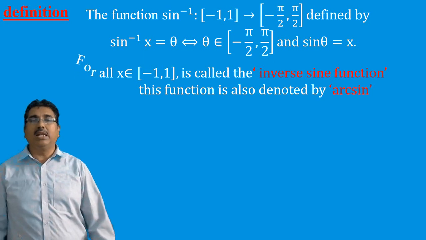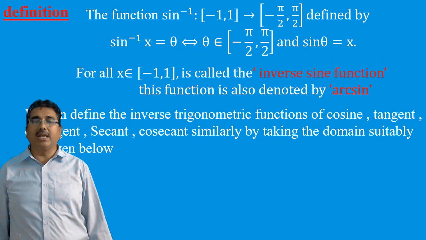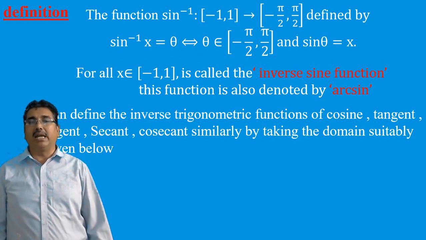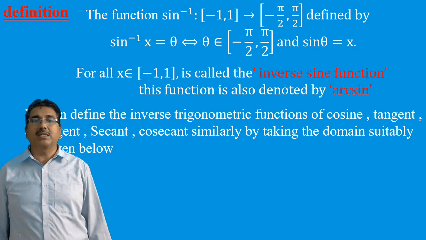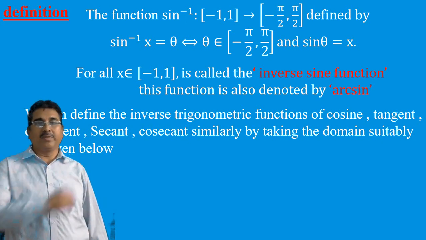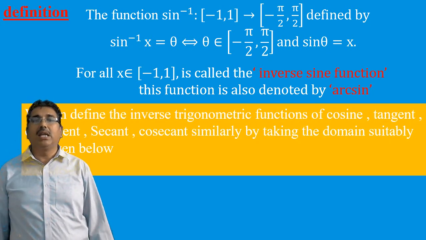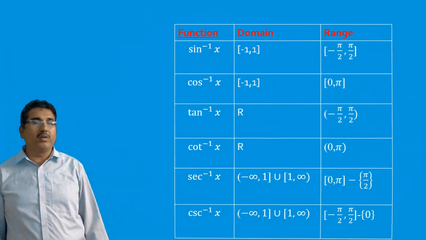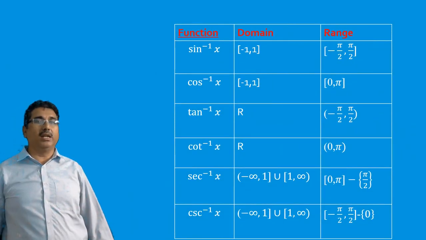Now, similarly, we can define the inverses of cosine, tangent, cotangent, secant and cosecant by taking suitable domains as given below. Now, see the domains and ranges of inverse trigonometric functions in this table.